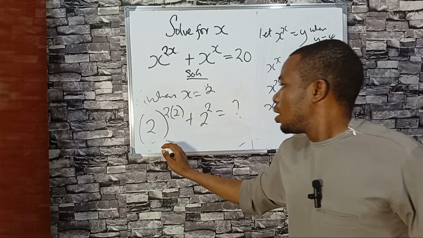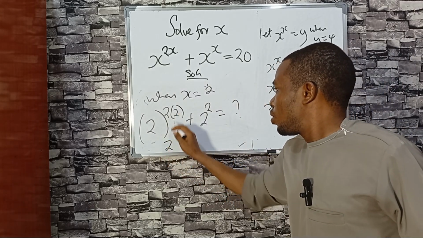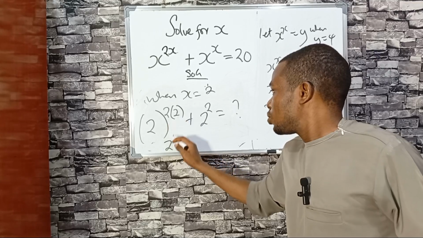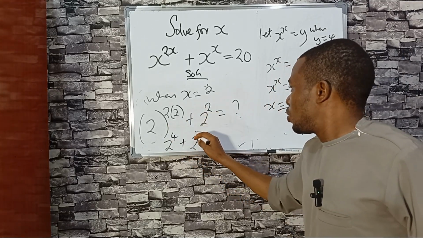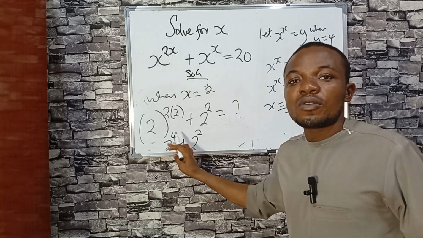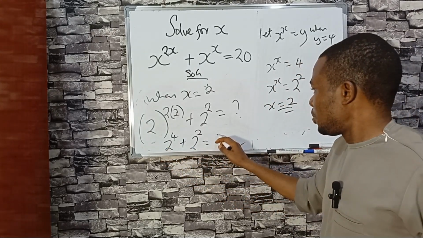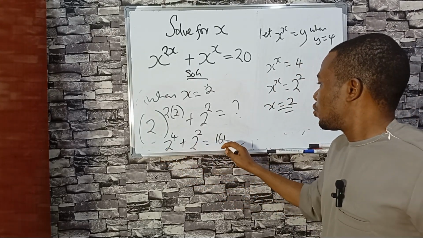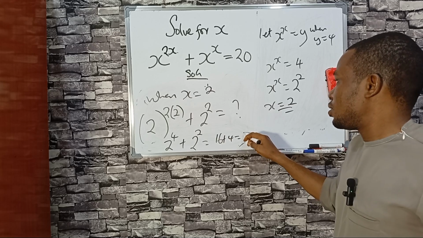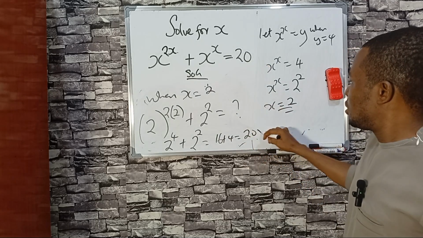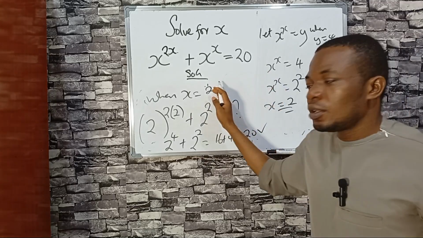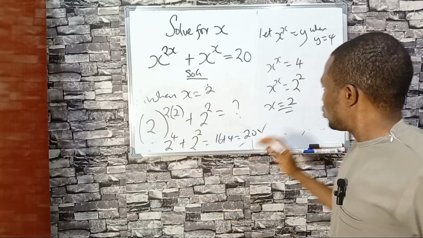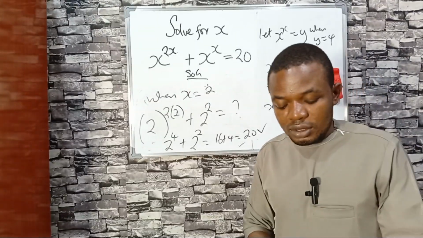Let's see whether it's equal to 20. This is 2 times 2 times 2, which is 4, plus 2 raised to the power 4 is 16, and 16 plus 4 is what? Obviously it's 20. So our value of x being equal to 2 and y equal to 4 was correct.